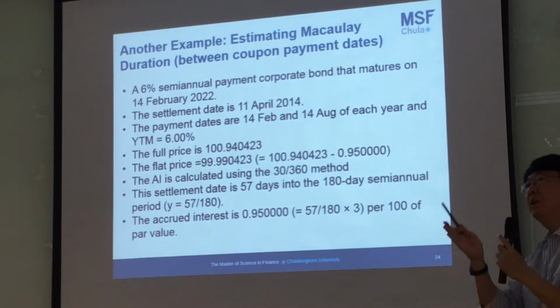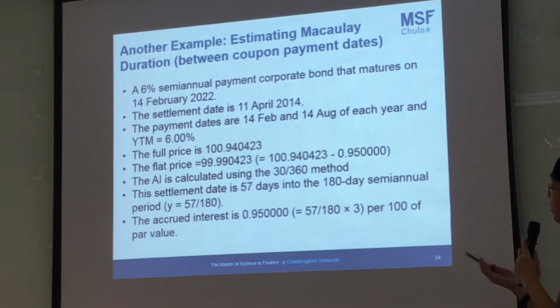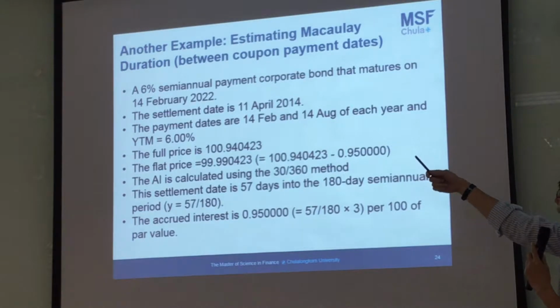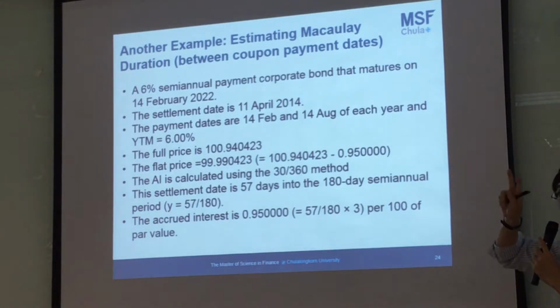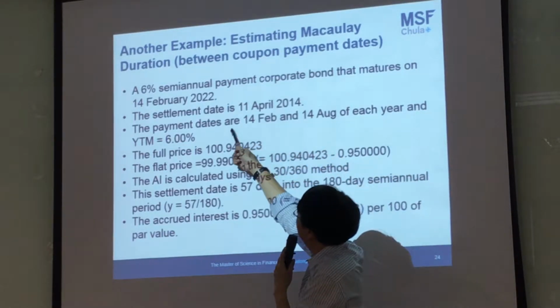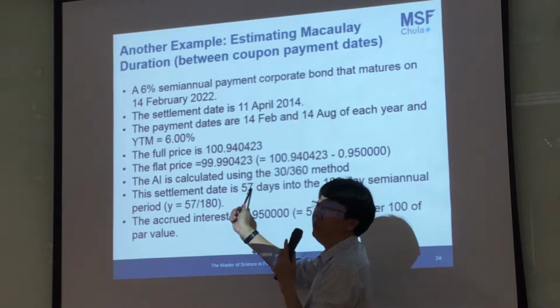Okay, so you can go back 3 days to come up with 57. Or in another way, if the settlement date is on 14th of April, it's 60 days, right? But because the settlement date is 3 days earlier, it must be 57.